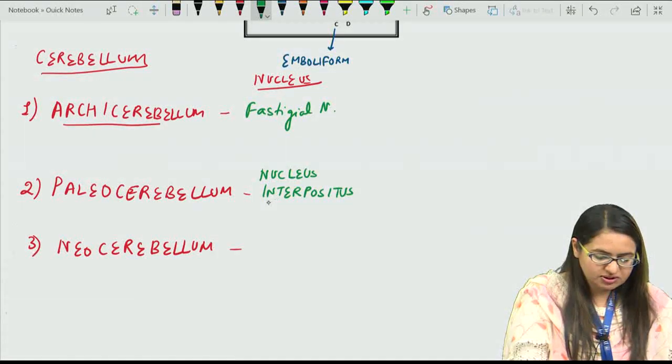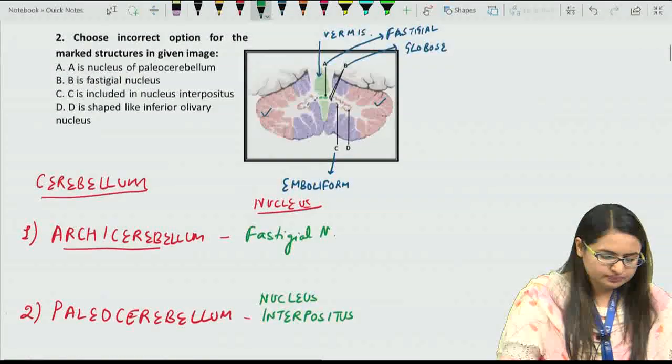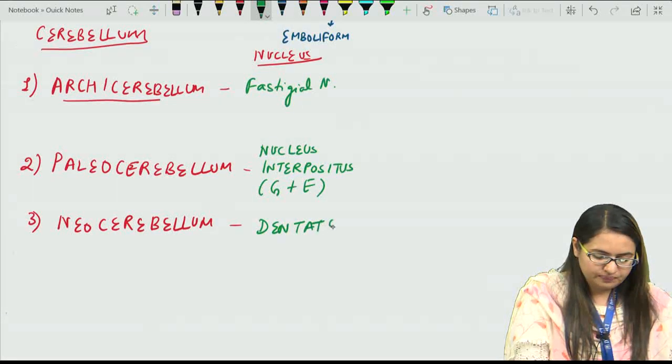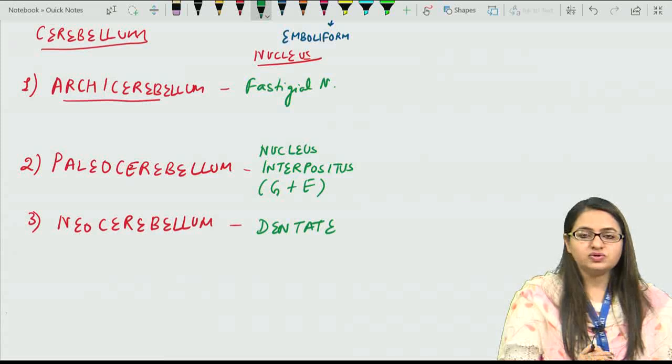So the nucleus interpositus includes the globose and the emboliform, and for the neocerebellum we have the dentate nucleus. These are the various nuclei associated with these portions of the cerebellum.